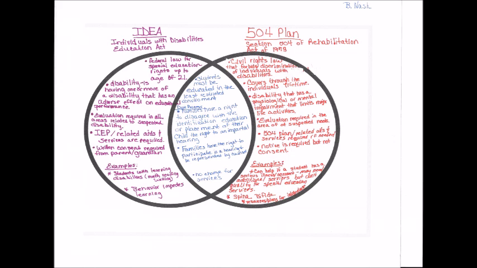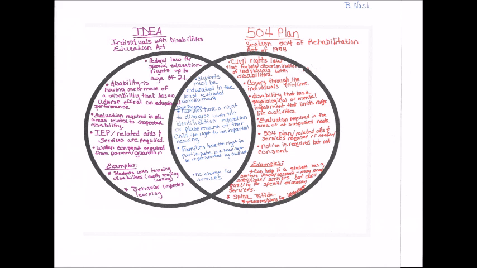An example under IDEA: a student who has a learning disability, such as math, reading, or writing, just to name a couple, could be identified as having a learning disability, and then therefore would have an IEP under the IDEA Act.